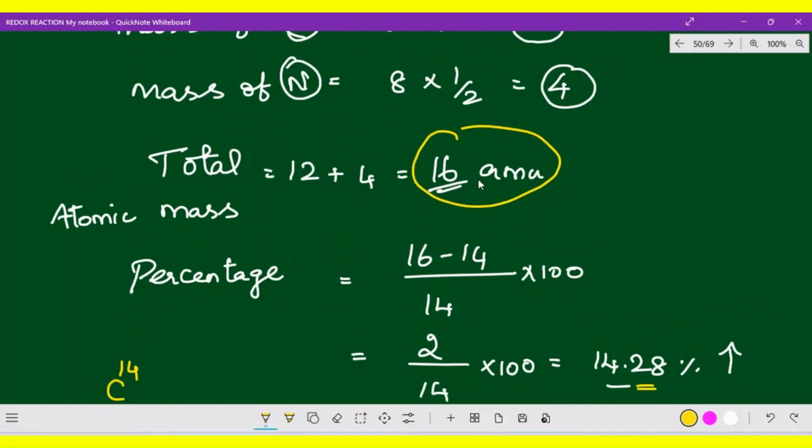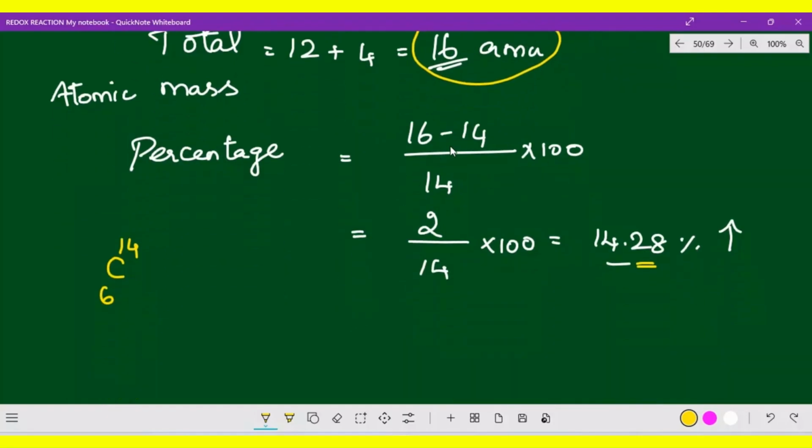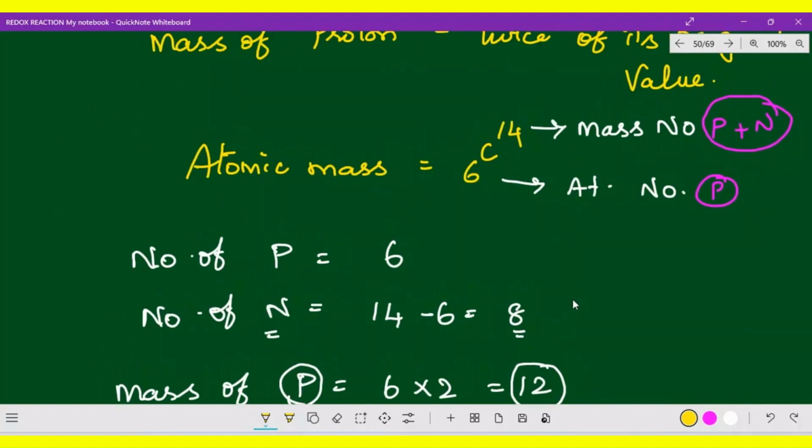It is increased by new minus old divided by old, into 100 for percentage. So it is 14.28% increased. I hope you got the clarity about this question.